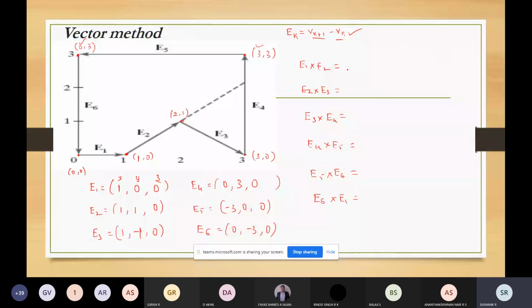When you find the cross product, if the z component has a negative value, it means it is concave.